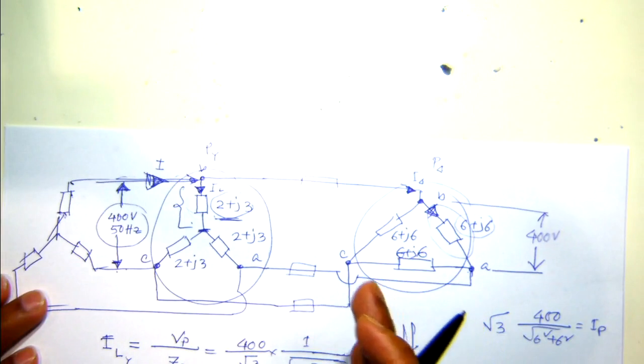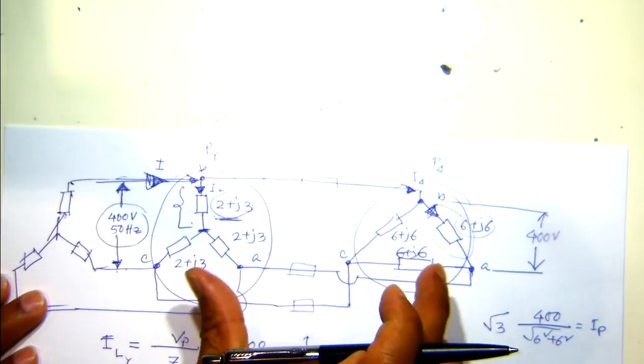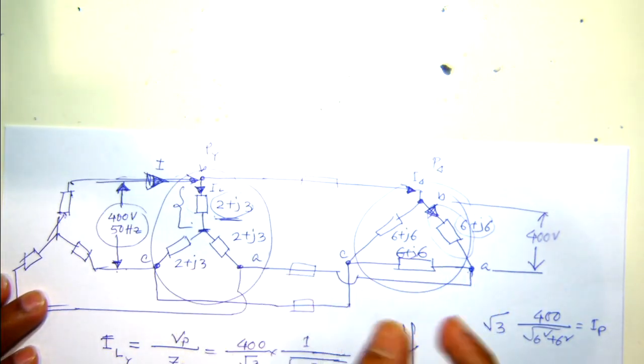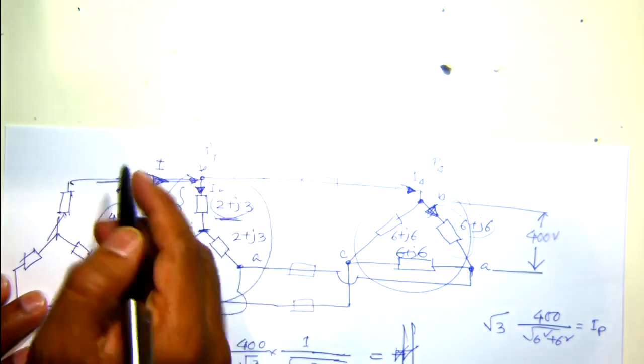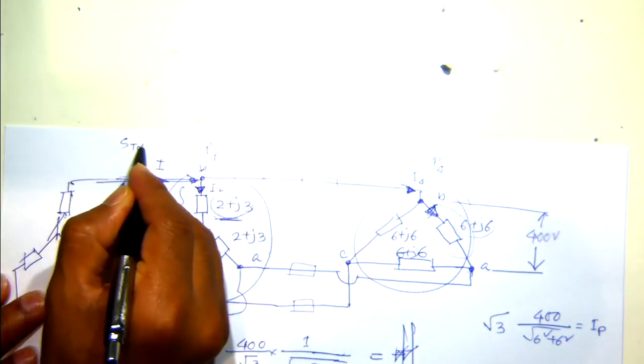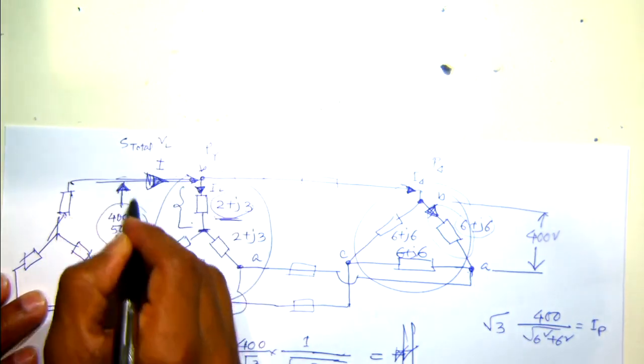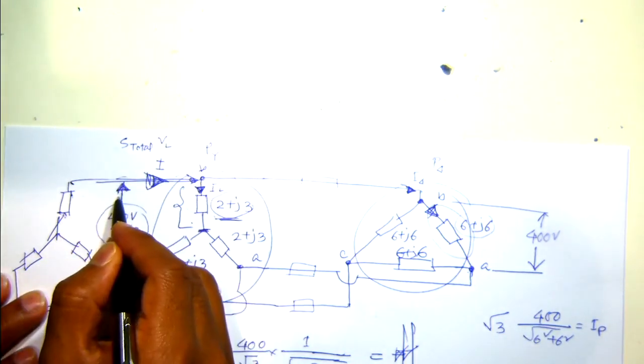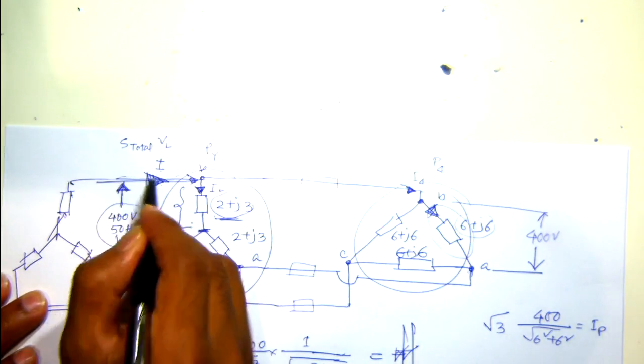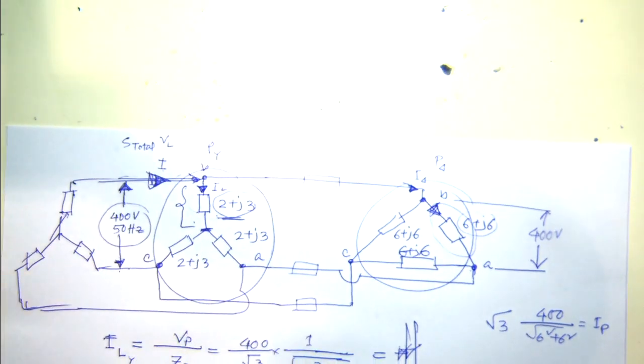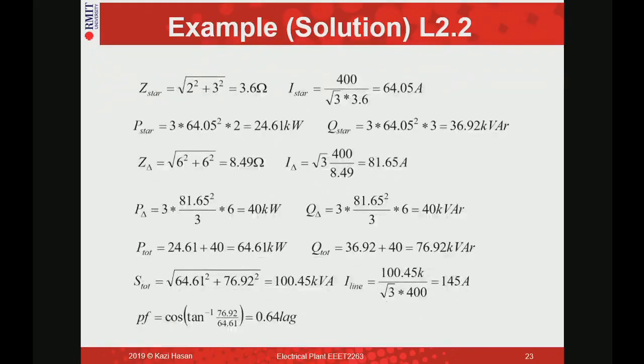Then we calculated S_Y, S_delta, then we add them together. So the current we calculated here was from S total and V_L, which is this V. So that's why this current is going from the source, which is the total current. So we calculated this current from the total S. You can see 100K from this. So the current is the source current.